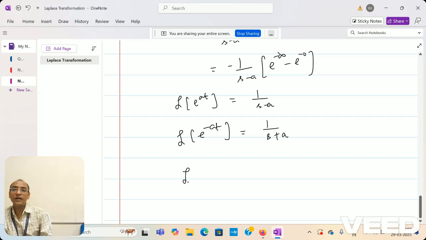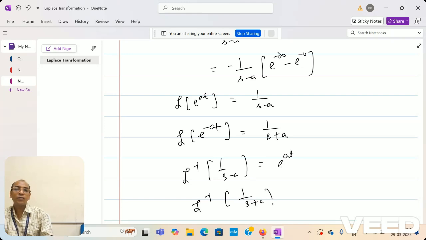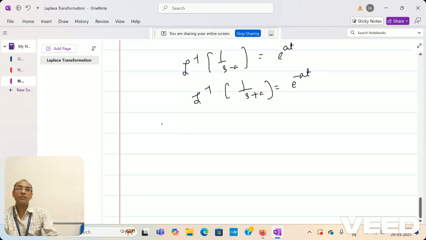If I find the inverse of 1 by s minus a, I should get e to the power at. And similarly, the inverse of 1 by s plus a will be nothing but e to the power minus at. So like this, we can find the Laplace transformation and its inverse Laplace transformation.